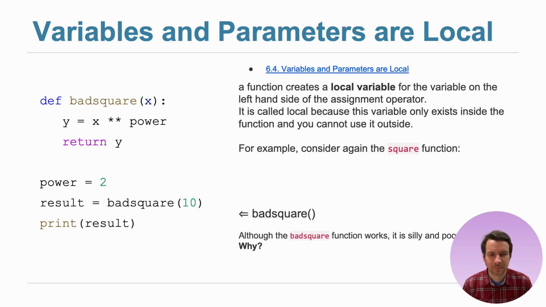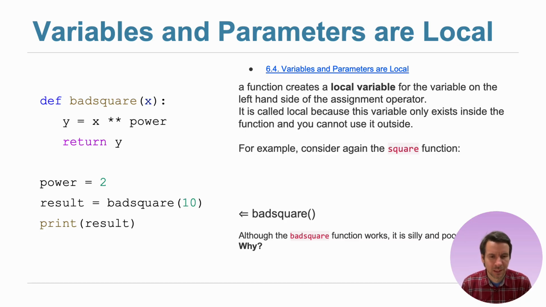Here is a function that is kind of bad. I'll try to say why. When you create the function bad square, you create y as x to some power and return y. So how do you get the power? Here it sets the power before you call the function bad square.